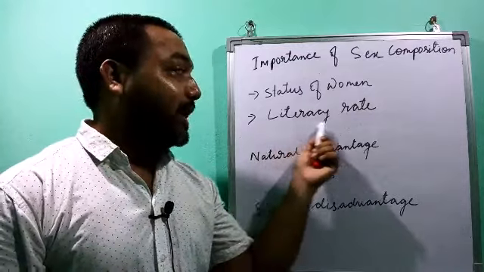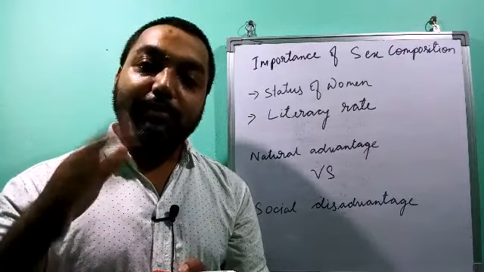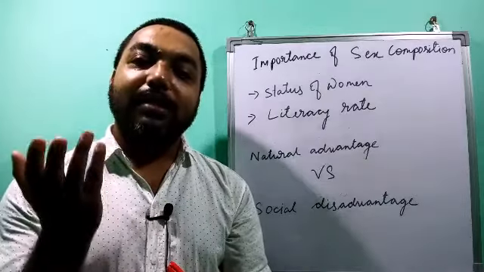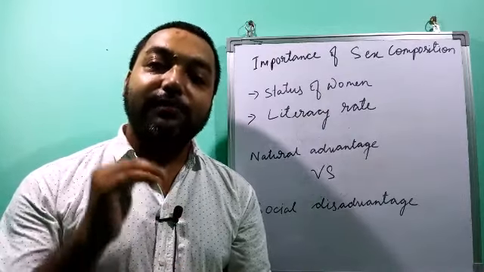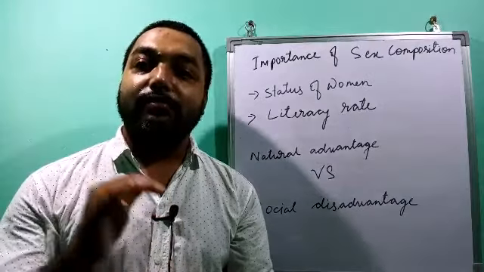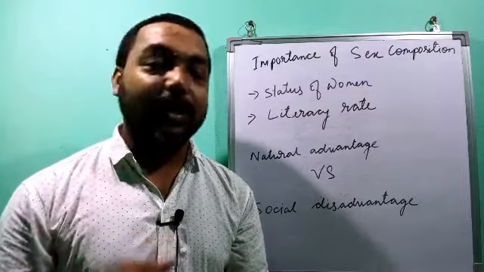Because Kerala has a good literacy rate, as a result its female population is more, its sex ratio is also more. At the same time, if you see Bihar, it has a very low sex ratio and literacy rate. It is the lowest literacy rate state, or maybe second lowest in India.